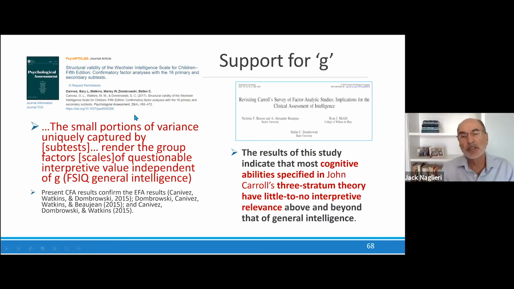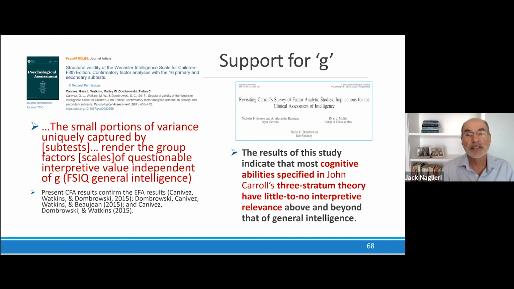Now, I want to just talk about CHC cross battery for a second. What's it based on? It's based on Cattell and Horn's notions of whatever all those factor analyses told them.